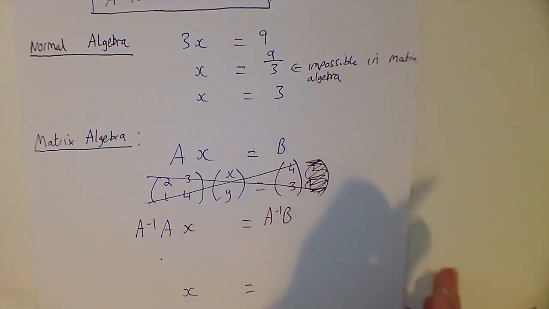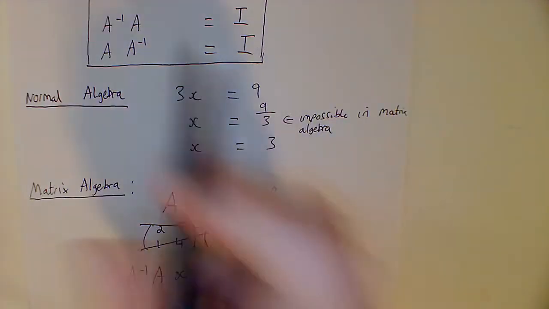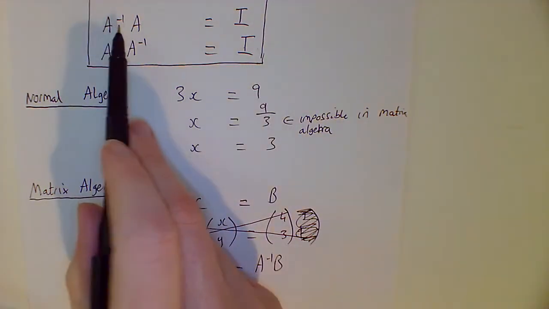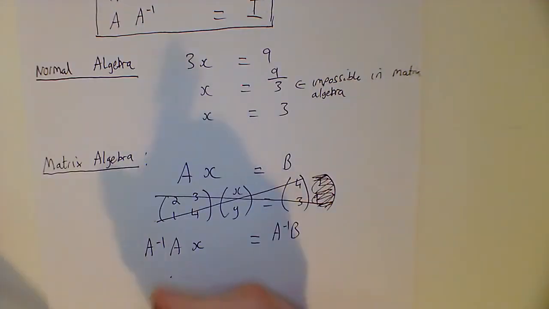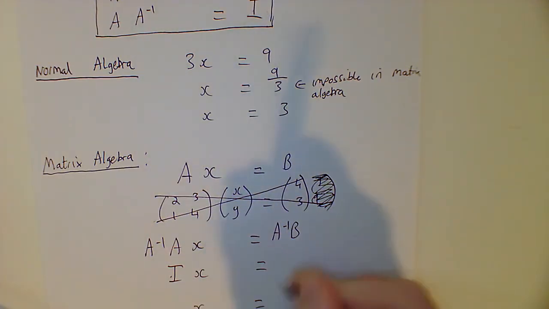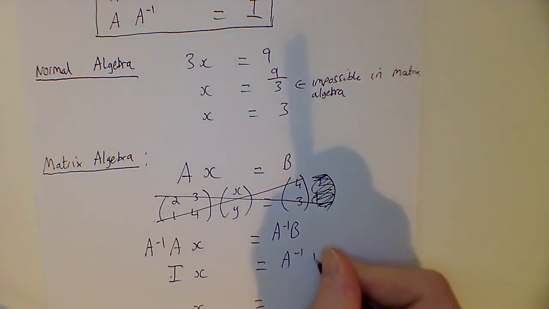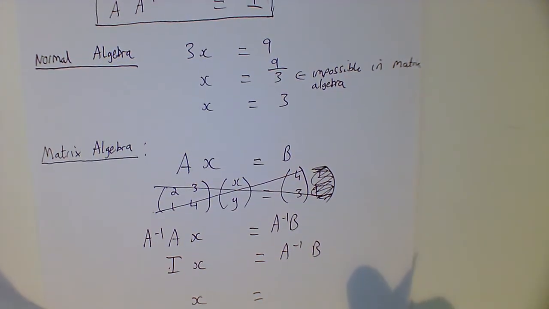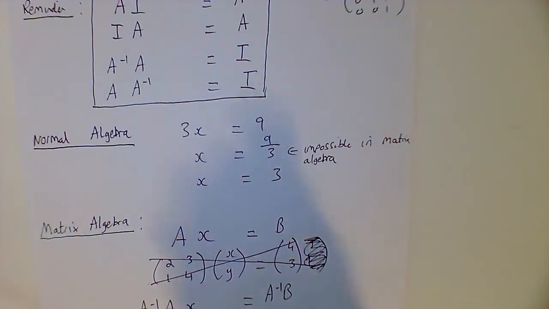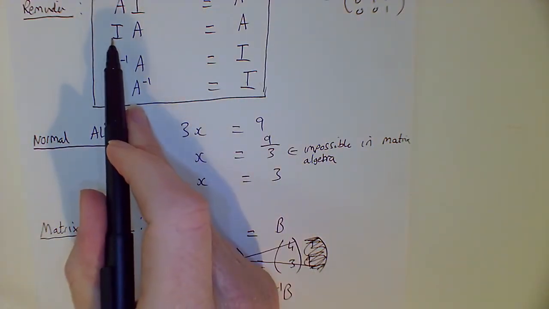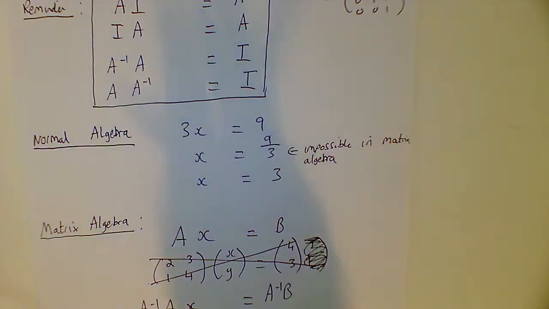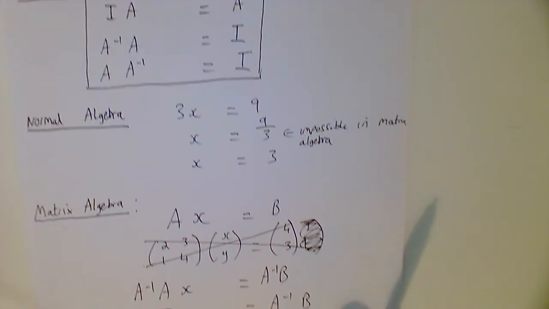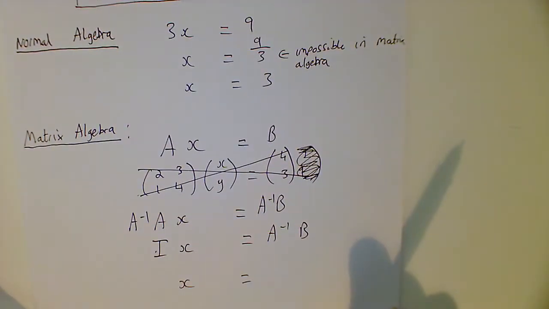Now, I know from here that the inverse matrix times the normal matrix gives me an identity. So that would give me the identity times matrix X equals A inverse B. Now again, from my rules, if I multiply the identity matrix by another matrix, that's just the same as multiplying that matrix by 1.